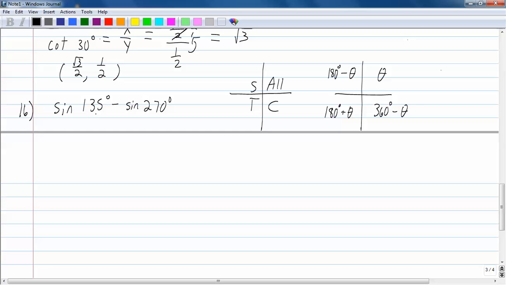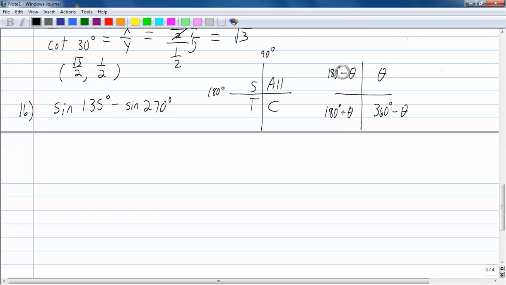So 135 degrees is going to be in the second quadrant, because 135 degrees is between 90 degrees and 180 degrees. When you take the sine or cosecant of something in the second quadrant, it's always positive. So that means that when I take the sine of 135, that's going to be a positive answer. The way that I find that answer is I use my reference angle chart and look at the formula in the second quadrant, since that's where we are.